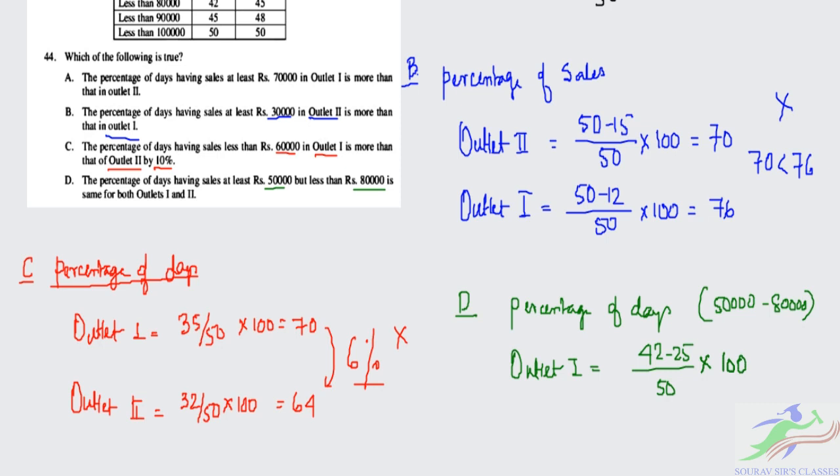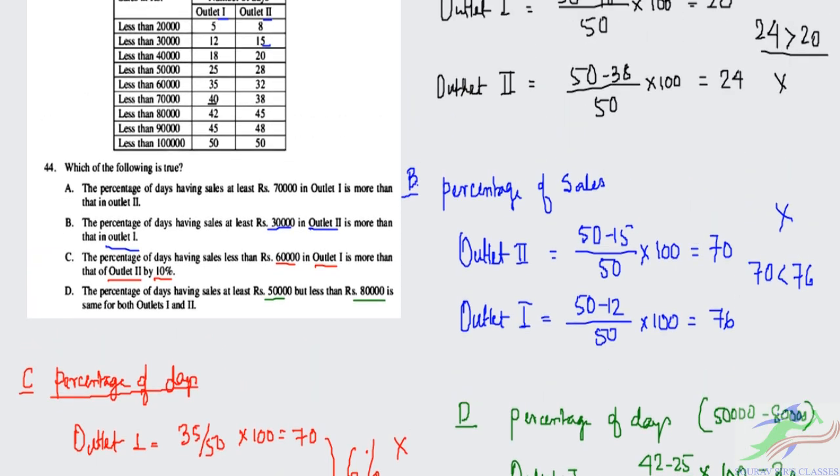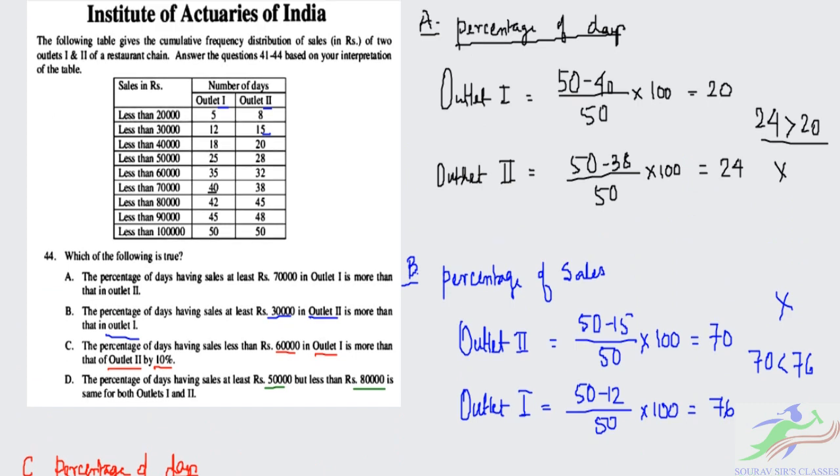So it is going to be 34, and similarly for outlet 2, we have 45 minus 28 by 50 into 100. So that is going to be also 34. So here you can see that the correct option is D, because it is the same.